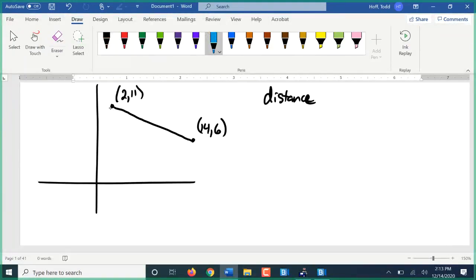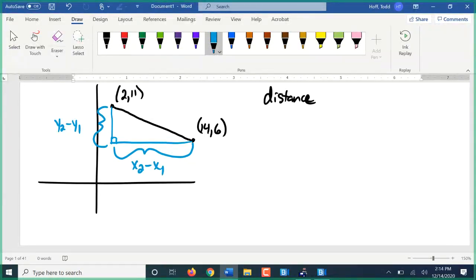And again, we're going to go back to that slope triangle, the rise and the run. This is just our rise, and remember that's the difference in our y coordinates, y2 minus y1. This is just our run, the difference in the x coordinates, x2 minus x1.